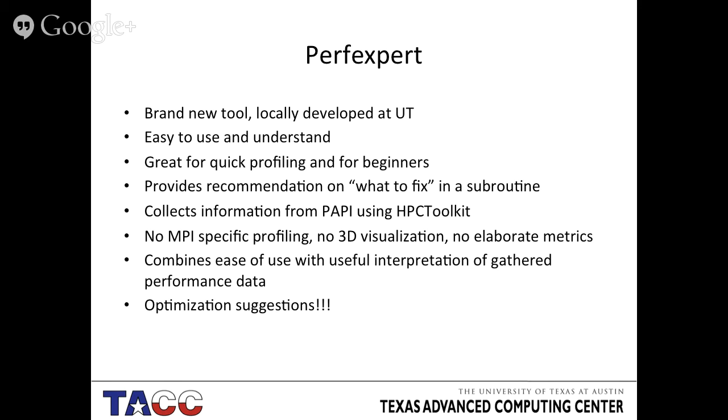You run it, and it will tell you, in this file, in line 300, for example, if you change the order of this for loop, you will probably get a performance improvement. So it's really cool. The information that it provides is really great. Sometimes it's too much, and you have to decide what is good information or not, but it's really worth trying.